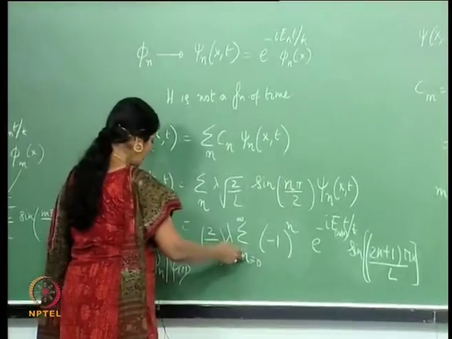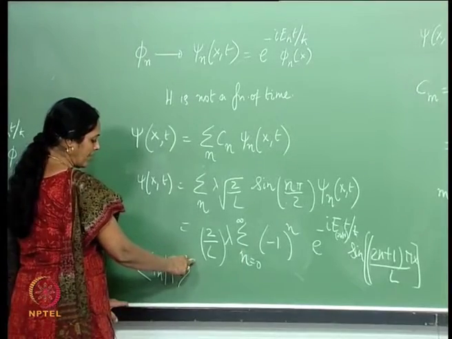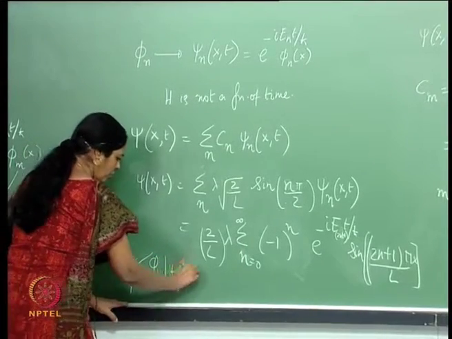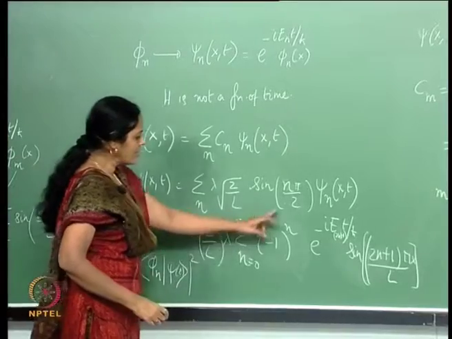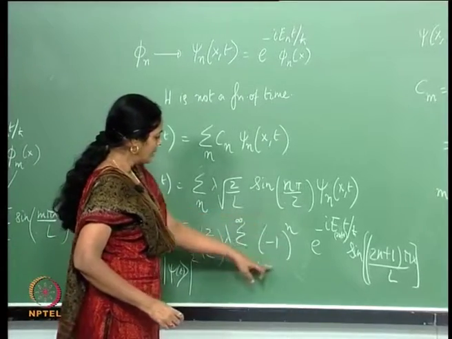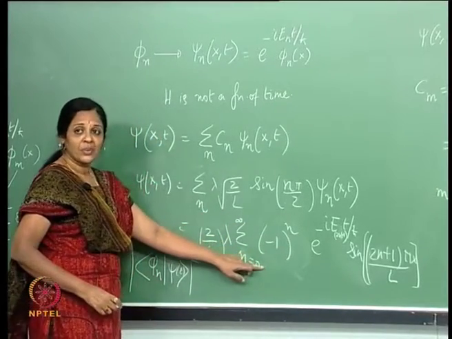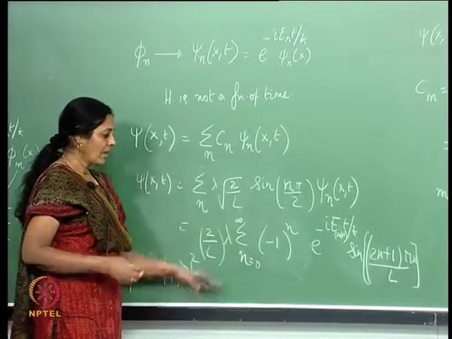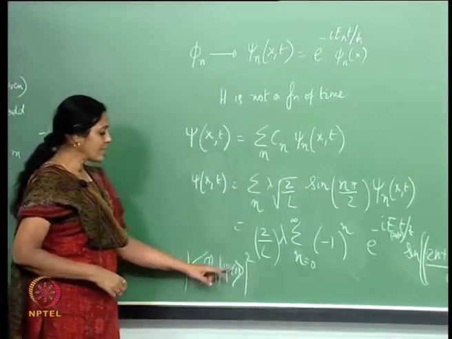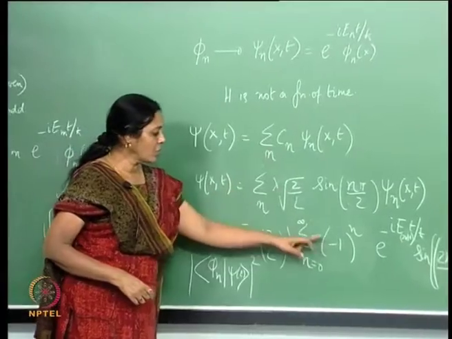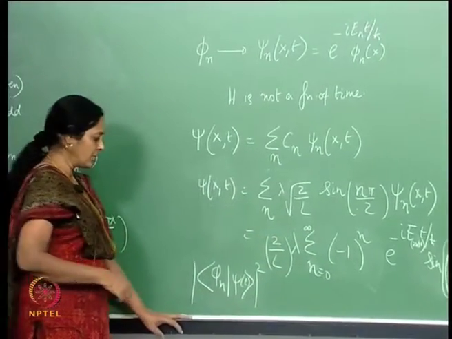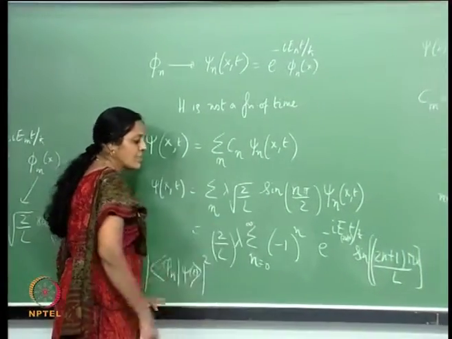Because you can see there is going to be a mod square that comes up for the probability, and that is essentially going to involve this object mod square. In fact, these Cn's are non-zero only for odd values of n.